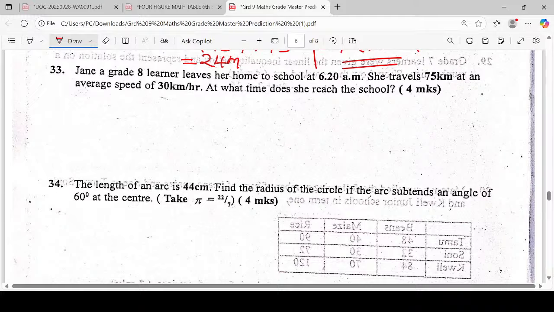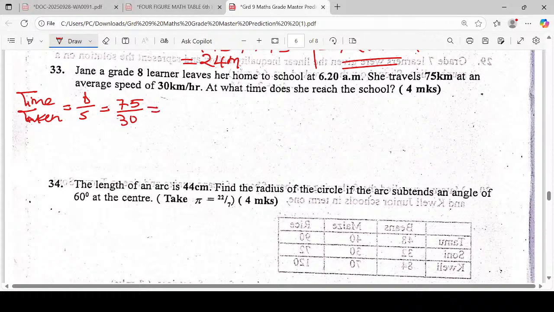Let's get first the time taken on the road. To compute what we call the time taken, you take the distance over speed. So the distance here is 75 kilometers. Divide by the speed, which is 30 kilometers per hour.